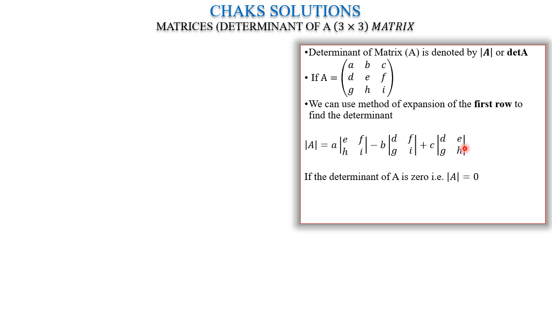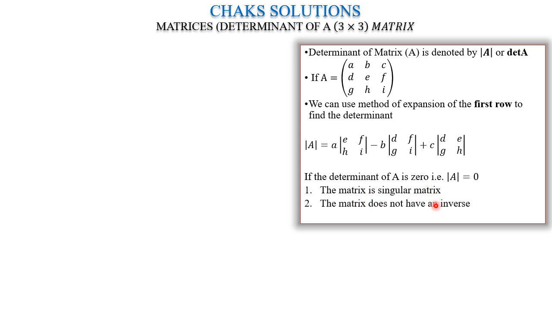Right. The next thing is to find the determinant of each 2 by 2 matrix and multiply with the corresponding values: A, minus B and plus C. If the determinant is equal to 0, it means the matrix is a singular matrix, and the matrix does not have an inverse.